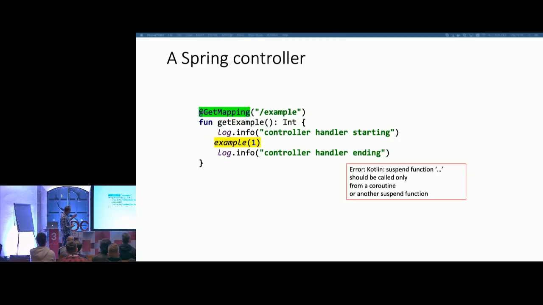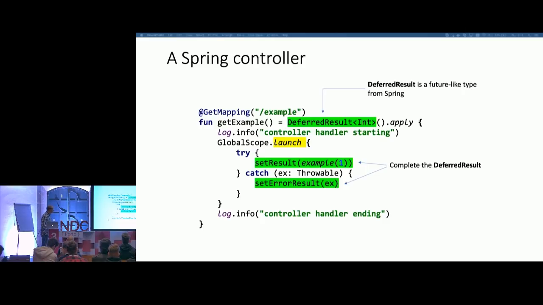Okay, I could try to add the suspend modifier on getExample. However, Spring, at least Spring 5, does not understand that, and it will not be considered as an HTTP handler. So I need to do this a little bit differently. I need to put a launch there.